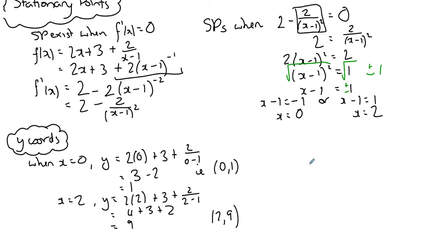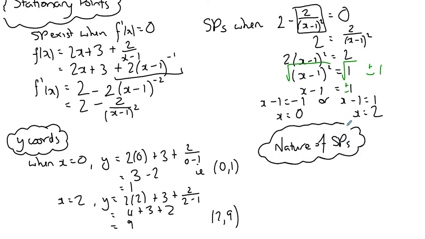We could draw a nature table, but we could also try the second derivative. Okay, so if we check the nature of the stationary points, we use the second derivative. So the first derivative is 2 minus 2 times (x minus 1) to the power negative 2. Second derivative is going to be, the 2 differentiates to 0, so we're differentiating this thing here.